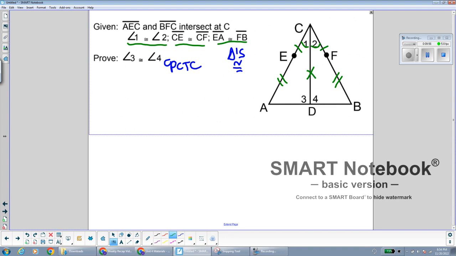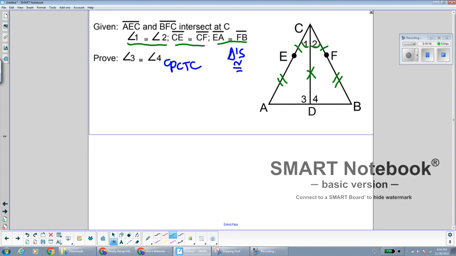I see markings on this side of each of the triangles, and I also see that we have the congruent angles in between. So it looks like we are going to be using side angle side here. The only problem is that to use side angle side, we need the full side of one triangle congruent to the full side of another triangle.